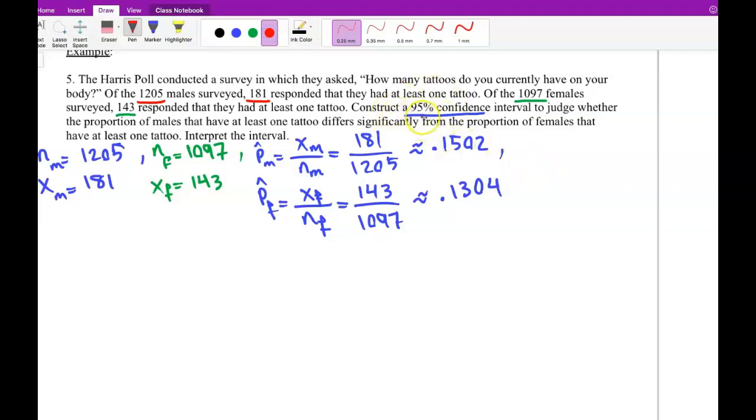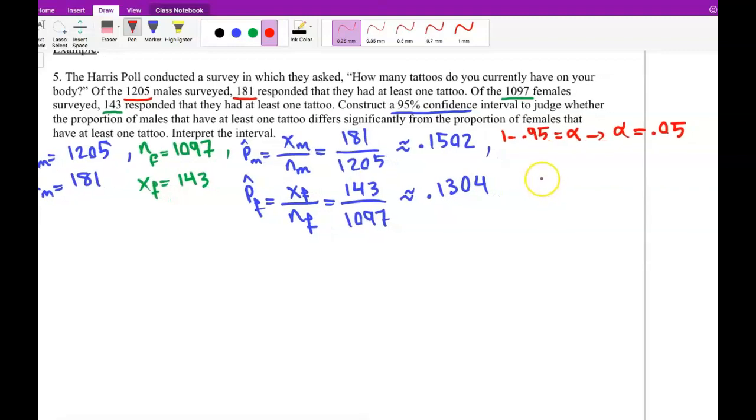See on this part, alpha is not given. We only have this 95% confidence. So based on that, finding alpha, so 1 minus 95%. This is alpha. So alpha is equal to 5%.